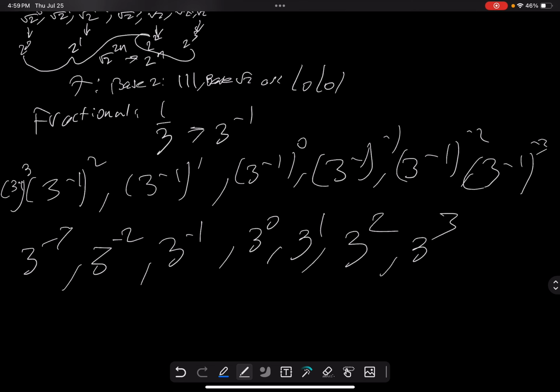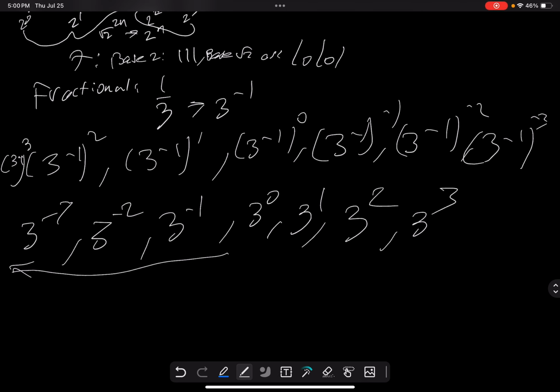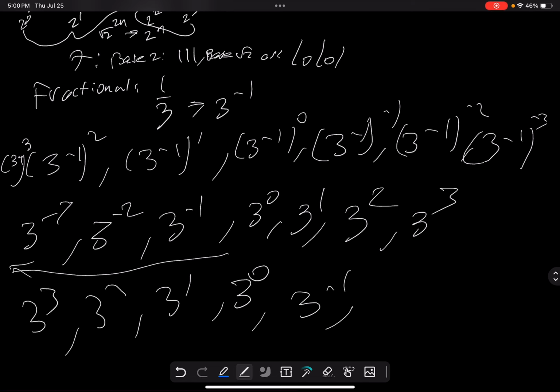And so as you advance up in the base 1/3 system, you're actually doing the same thing in base 3 system, but going down. And so essentially, what you can see is the base 3 system would be what it is. And so you can see that the fraction is actually flipped.